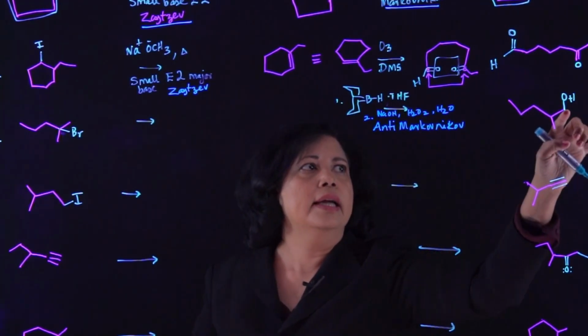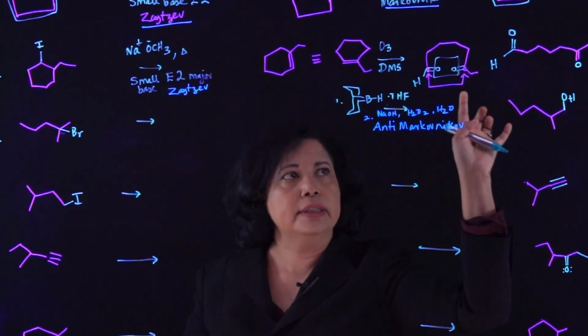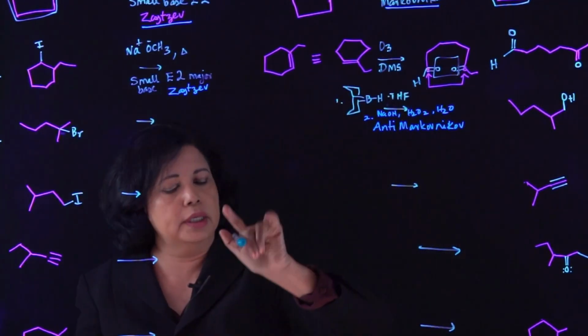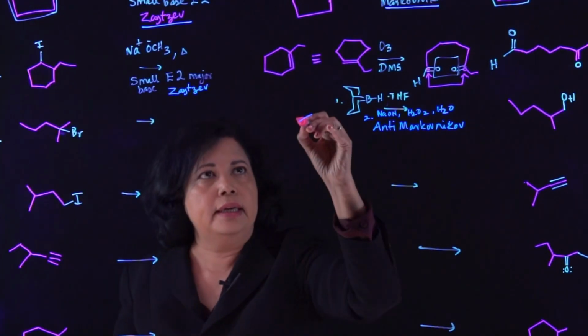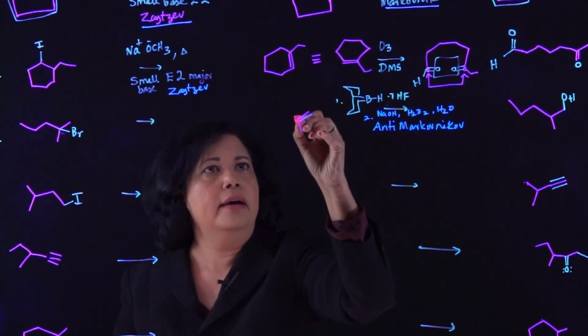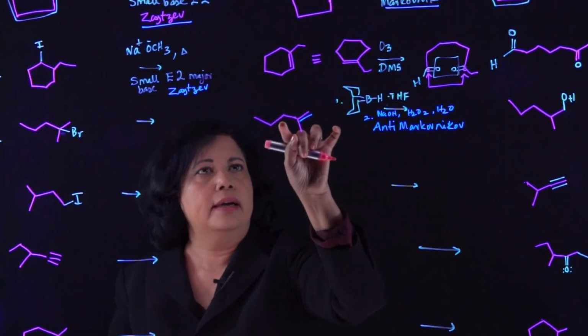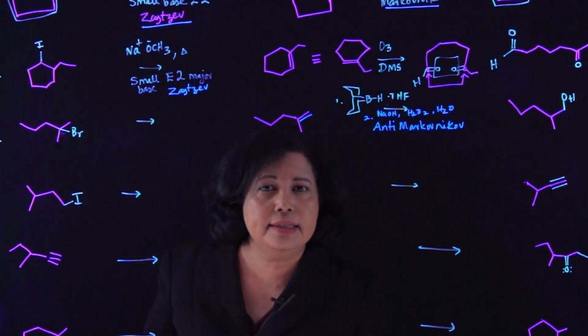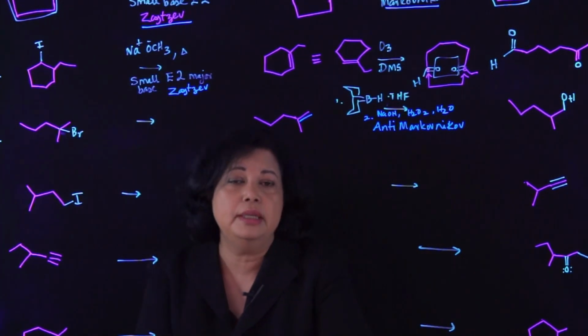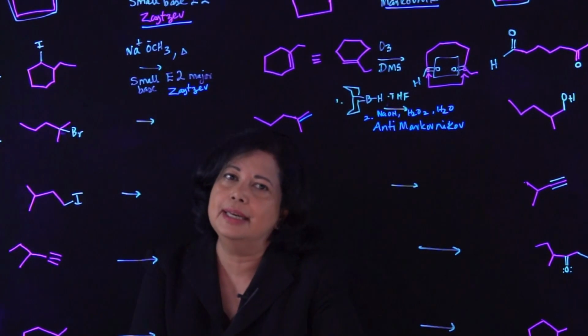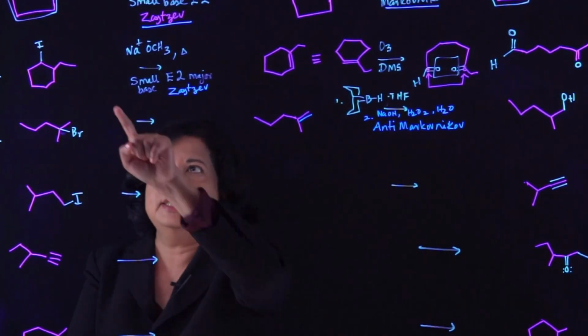anti-Markovnikov on an alkene. So for that to work backwards, we need the alkene right here and not inside. So we need a less substituted alkene. So that is going to be Hofmann or anti-Zaitsev. We cannot do Zaitsev here.